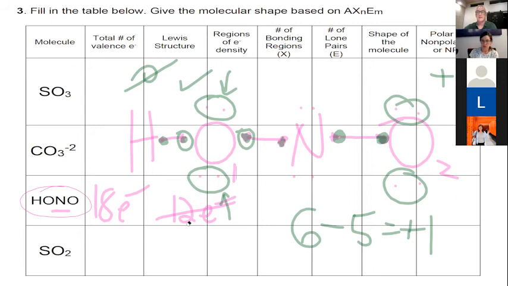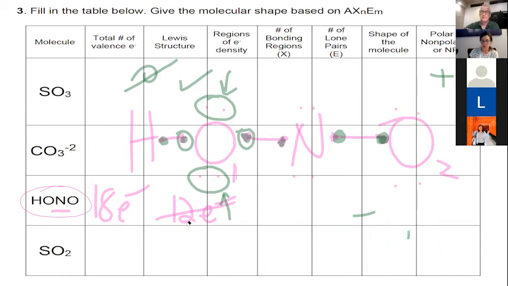So that's not happy. So let's look at the nitrogen. How many valence electrons does the nitrogen have? 6. It has 6. Very good. Man, you guys are getting this quick. 2, 4, 5, 6. So it has 6.